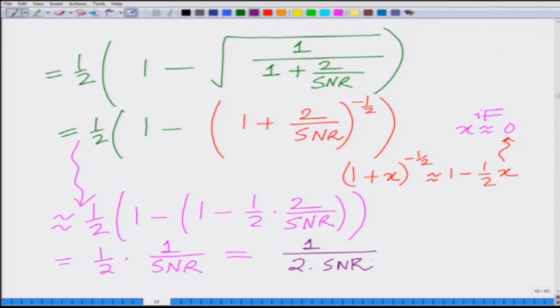So, this quantity 1 minus lambda divided by 2, when SNR is high and therefore 1 over SNR is small, I can approximate as 1 over twice SNR.